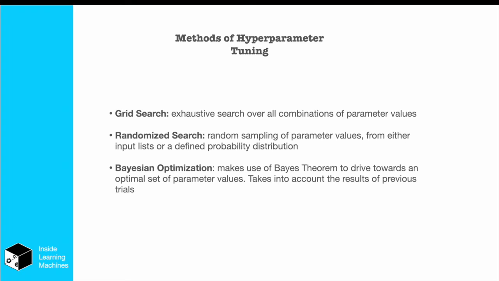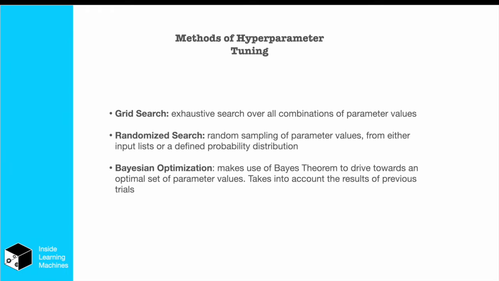Now, the last hyperparameter tuning method I'll be looking at is Bayesian optimization. Now, this technique takes advantage of Bayes' theorem to make informed decisions at each iteration in the algorithm. So whenever we select a new set of hyperparameters that we want to test out, we don't just do that at random the way we do with randomized search or in a mechanistic way that we do it with grid search.